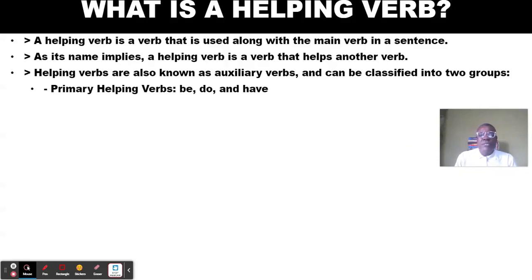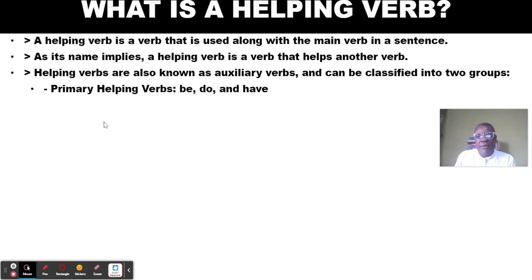The first group is primary helping verbs. There are three in number: be, do, and have. Of course, be has various forms: am, is, are, was, were. Then do, we have does, we have did, and so on. And then have, has, have, had.